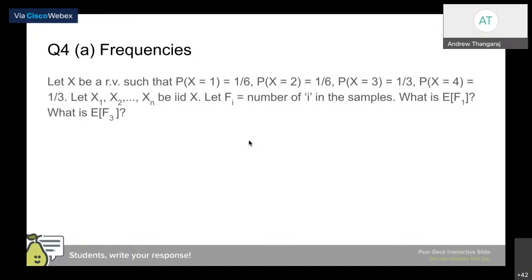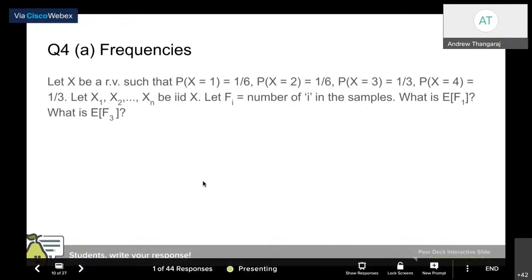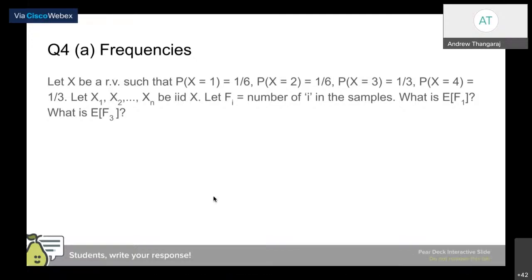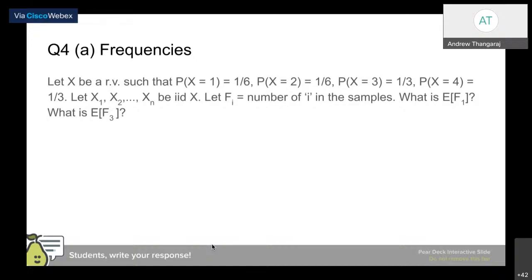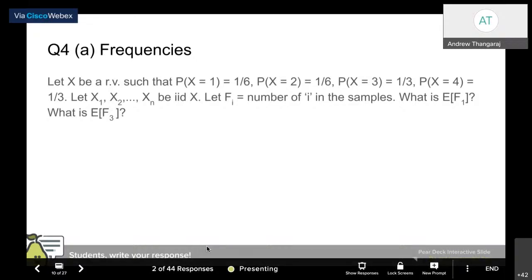Frequency is not an indicator. Frequency is a sum of indicators. This needs a slightly different modification to the x1 through xn. You have to sort of modify it into a Bernoulli sequence.